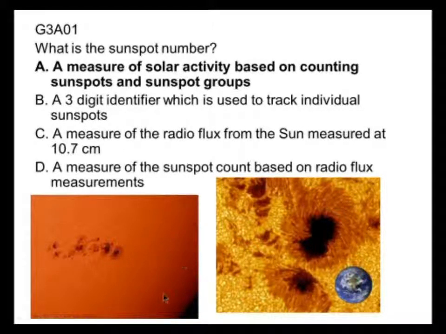Here's the image of the sun. Here's a group of sunspots. Here is the Earth superimposed on the picture for scale, so you can see what size that sunspot is. It's not just a fly speck, even though it looks like it on the face of the sun. The Earth could actually go in there and get lost.